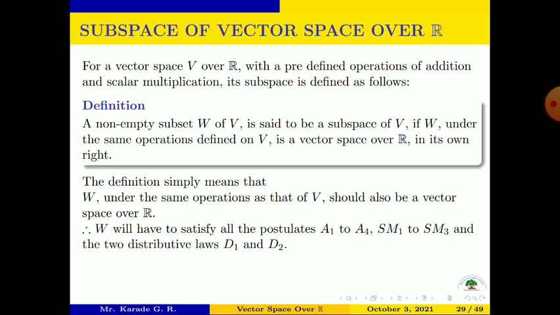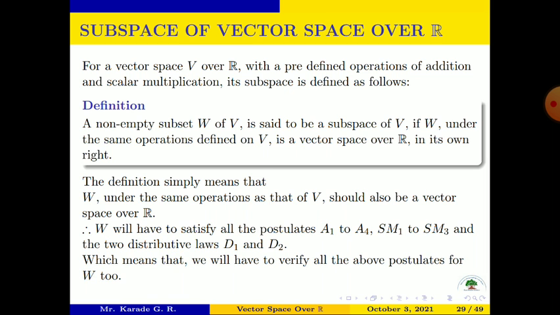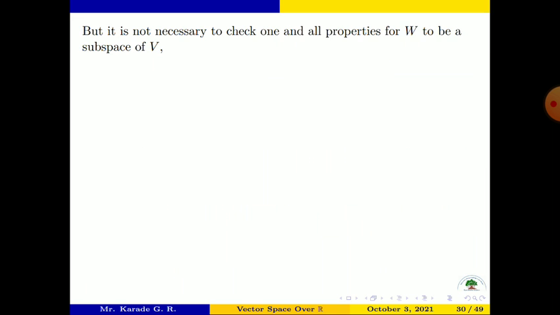Means W will have to satisfy all the 10 properties, all the 10 axioms of the vector space, which means that we will have to verify all the above postulates for W too. But it is not necessary to check one and all properties of W to be a subspace of V.